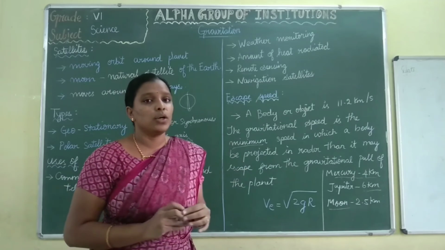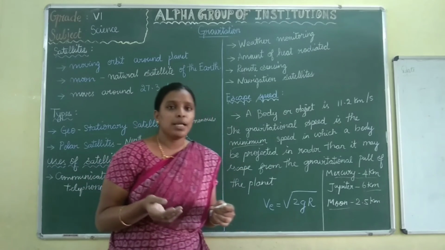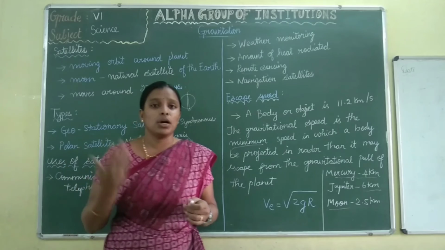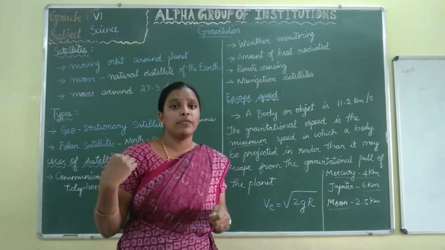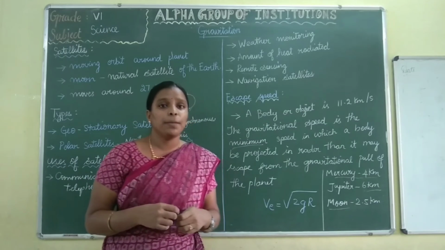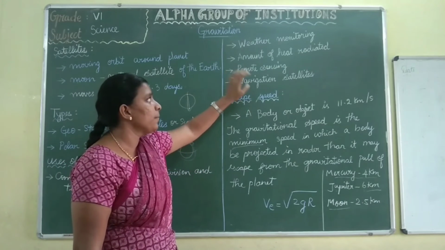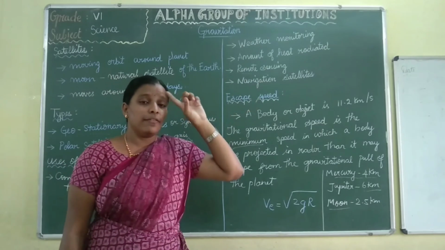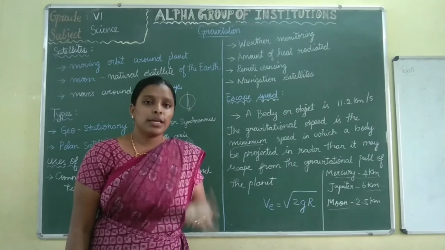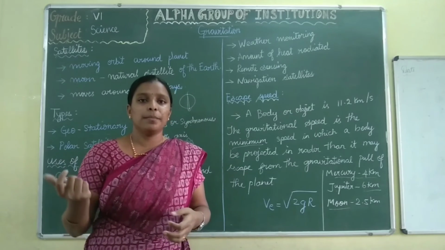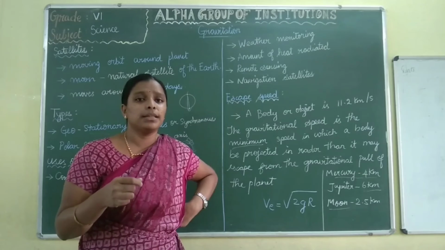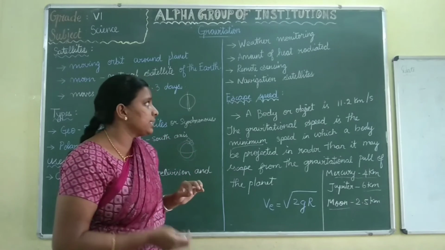And remote sensing: even if I am not in the same place, I can do the work even when I am at home. Then navigation: it is for ships. Even if you are going in a submarine or some other big ship, it is done by the navigation satellite.